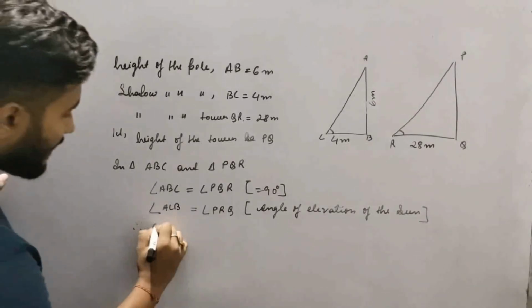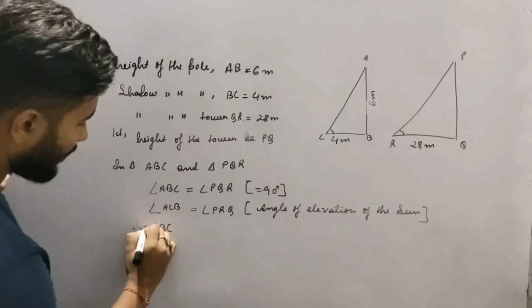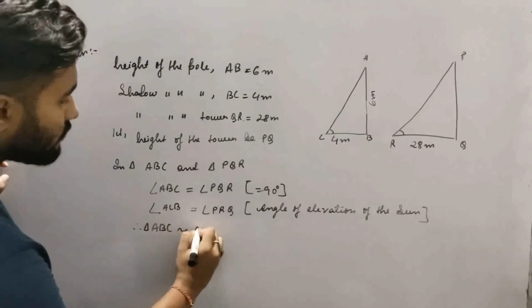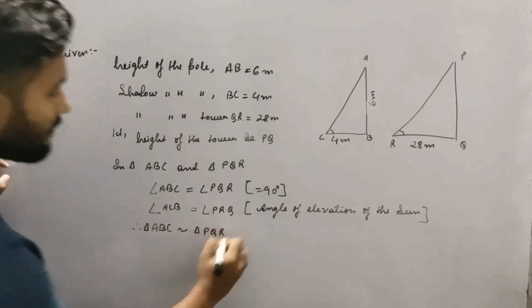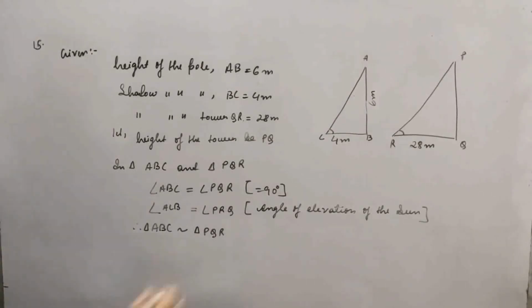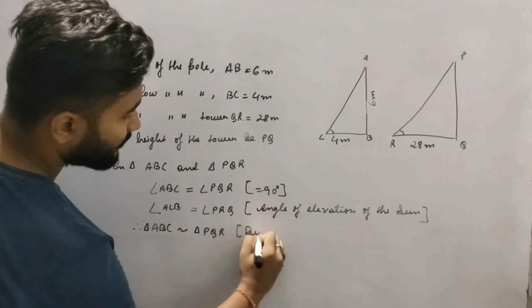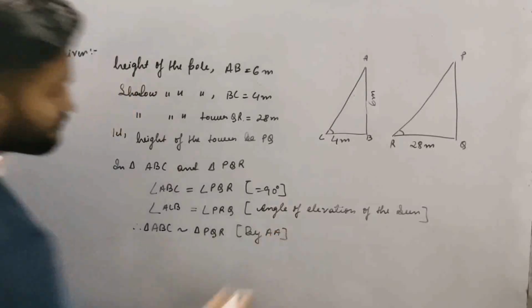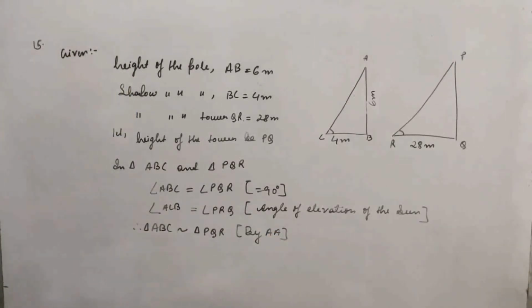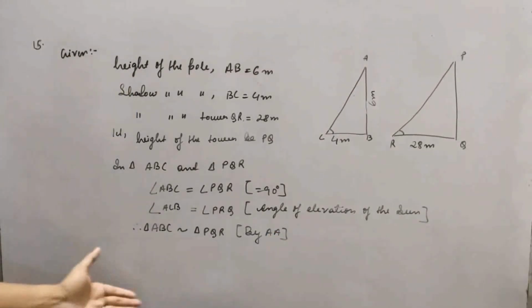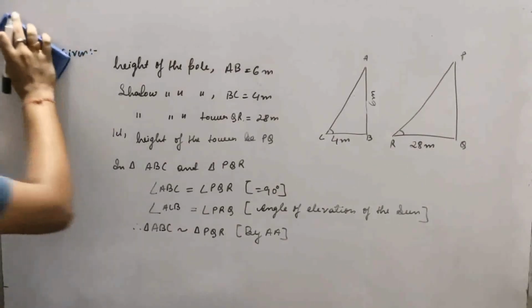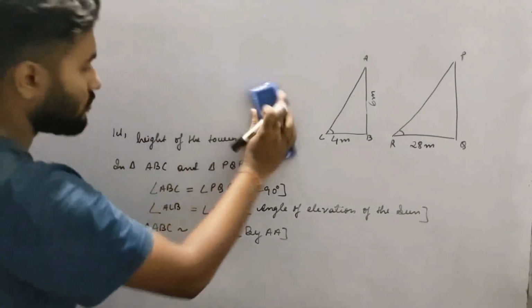So then triangle ABC will be similar to triangle PQR by angle. So now what we can say? Now if it is similar, then our ratio will be equal, right? So we will use the ratio now.